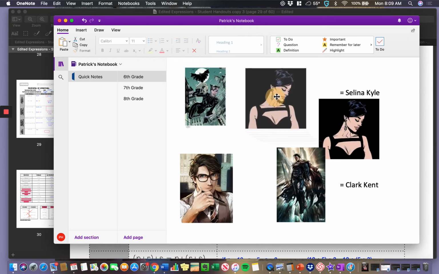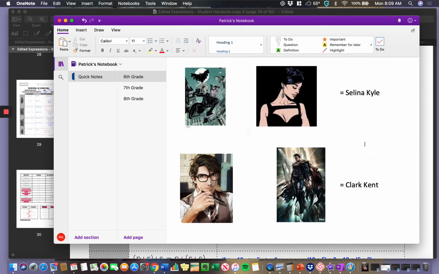But Superman's secret identity, he's always Superman, that's his real identity, but his secret identity is Clark Kent. He dresses up as Clark Kent as opposed to Selina Kyle, who dresses up as Catwoman. So Superman's kind of a unique comic book character in the fact that he changes his identity from Superman to go to his secret identity of Clark Kent, where Selina Kyle changes her identity to go to Catwoman.